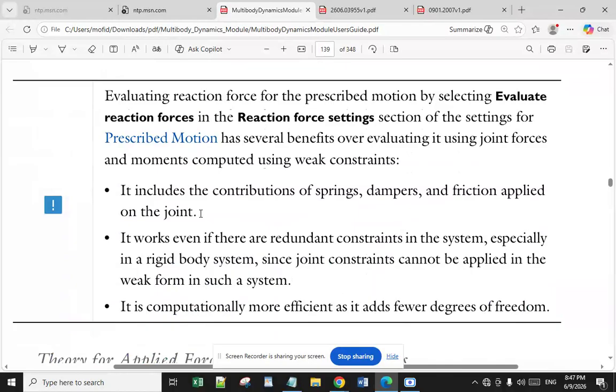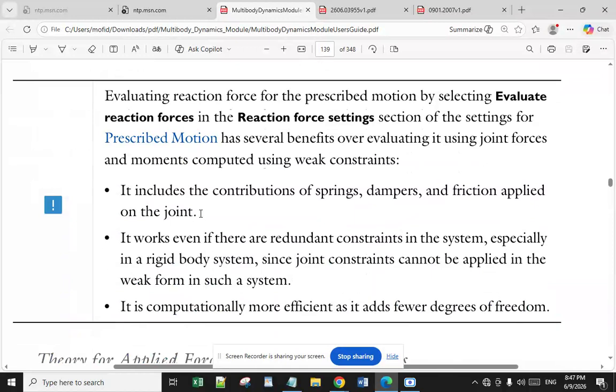Evaluating reaction forces for the prescribed motion by selecting evaluate reaction forces in the reaction forces settings section of the settings for prescribed motion has several benefits over evaluating it using joint forces and moments computed by using weak constraints.